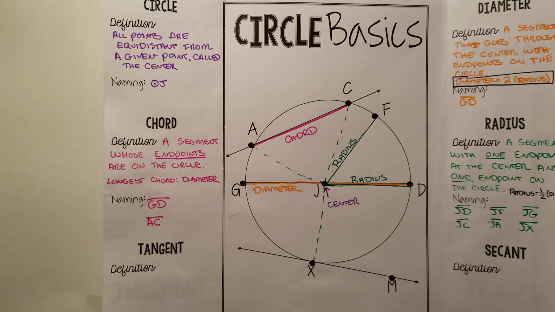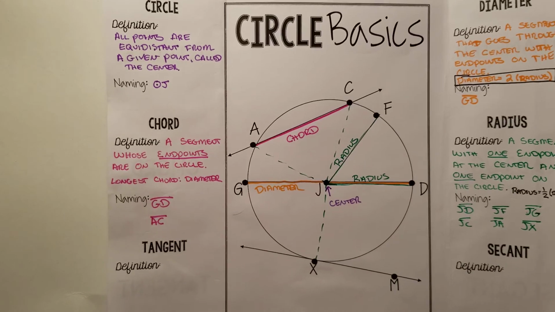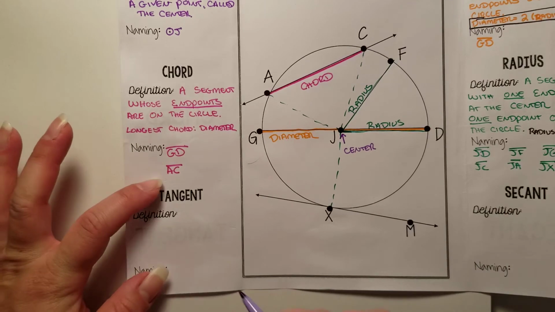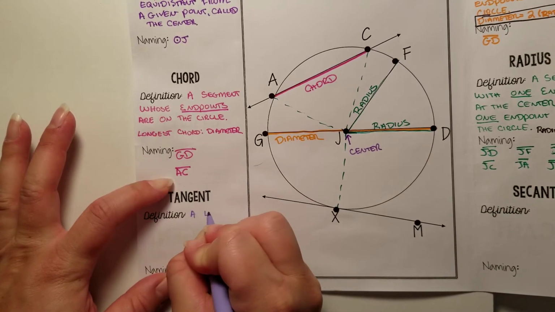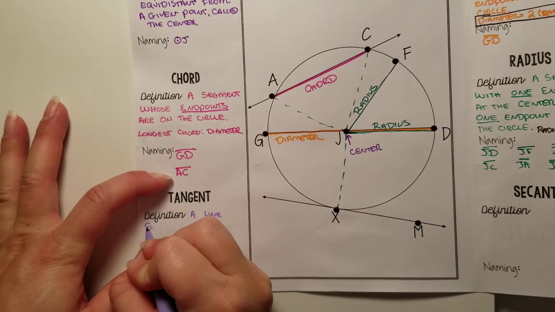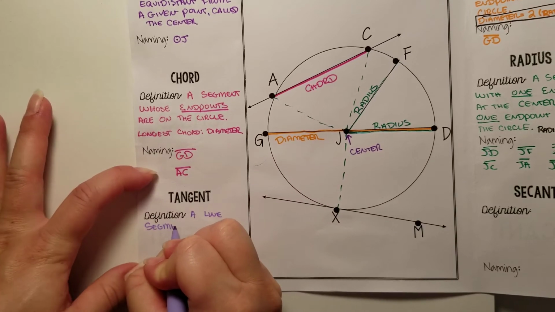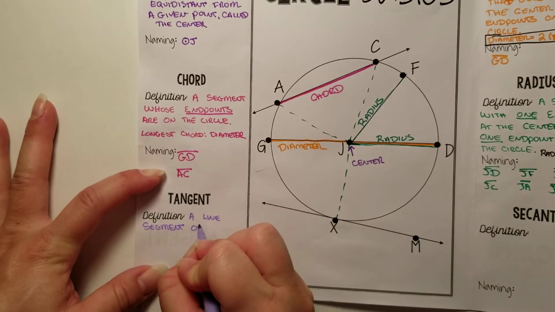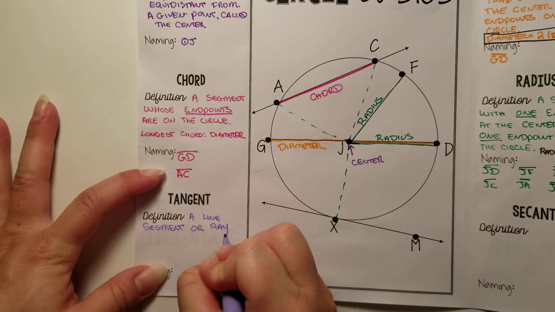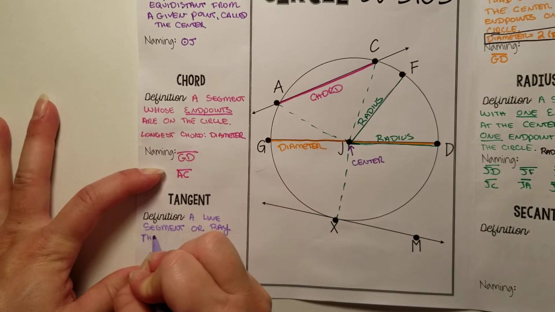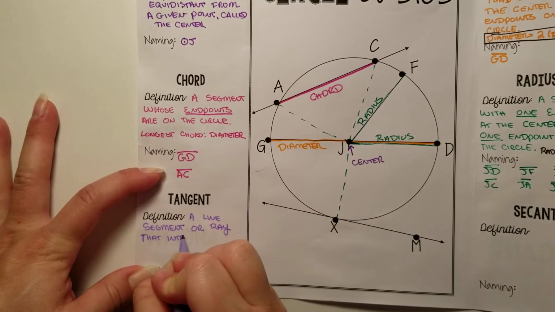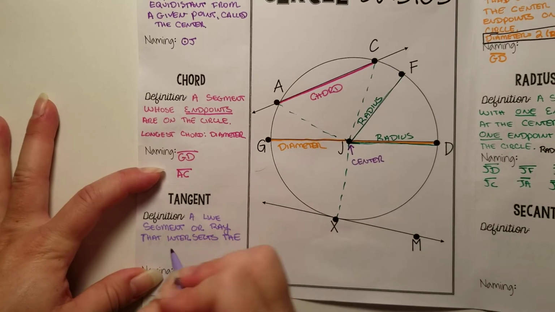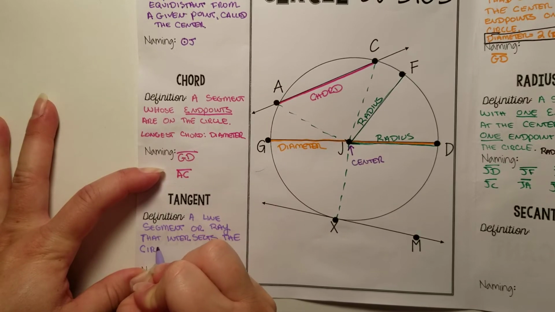Next, we are going to look at the tangent. So a tangent is a line, segment, or ray that intersects the circle at exactly one point.